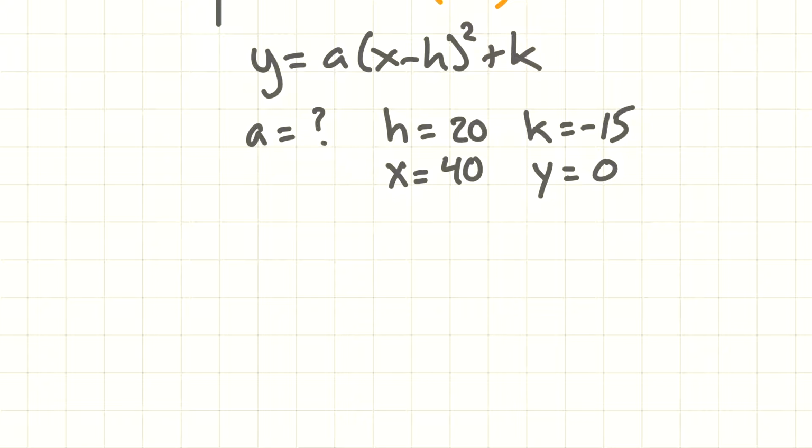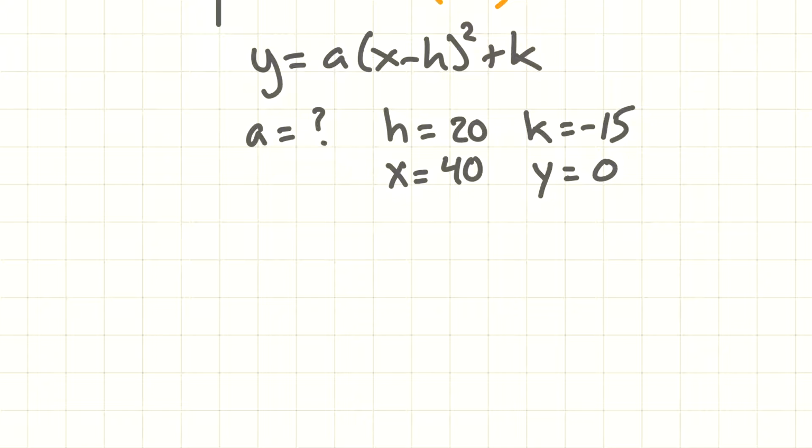I'm going to let you tell me what the a value is first. Take a minute to work this out, plug everything in. Actually, I'll help you set it up first, and then I'll let you simplify it.